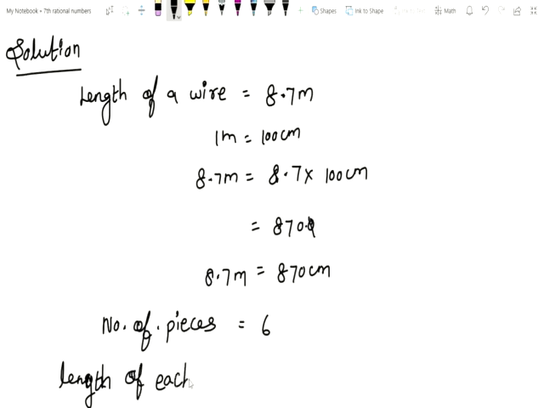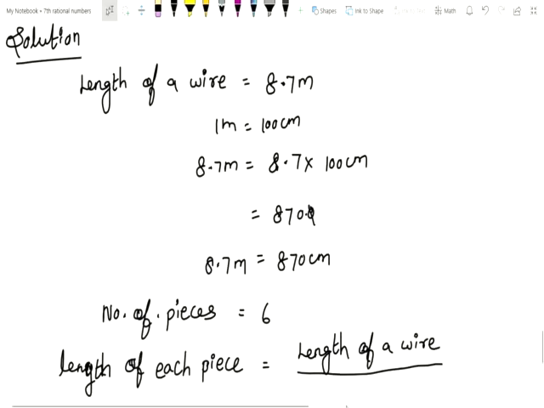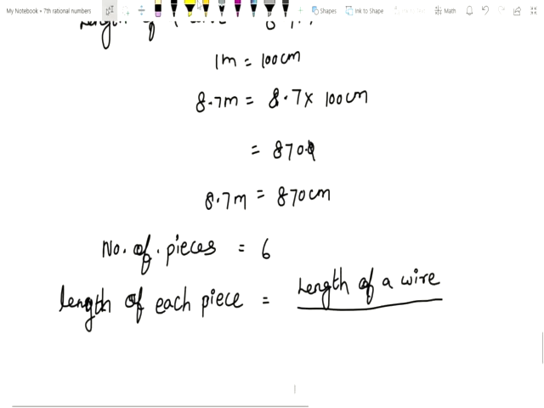We are going to find length of each piece equal to length of your wire divided by number of pieces.